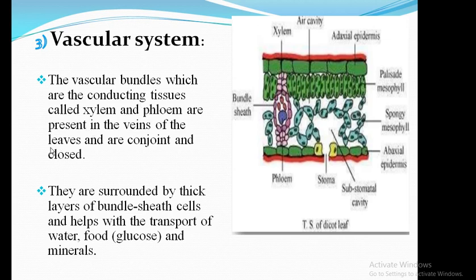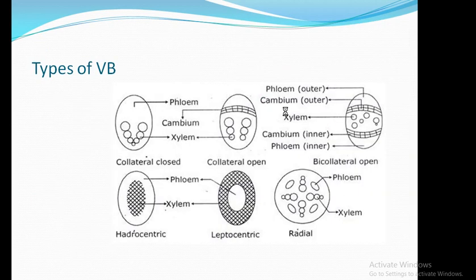In the figure, these are the conjoined and closed vascular bundles; here is the xylem and here is the phloem. If we look at these bundles normally, the xylem is attached to the phloem, with no separation between xylem and phloem. These terms we can study from these figures.